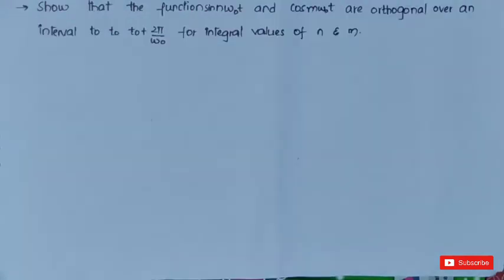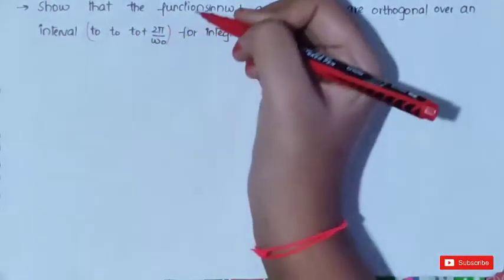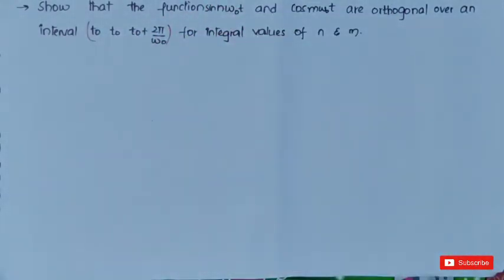Now let us see the second problem. We need to show that the functions sin n omega naught t and cos m omega naught t are orthogonal over an interval t naught to t naught plus 2 pi by omega naught. This is the interval for integral values of n and m. So let us solve this.